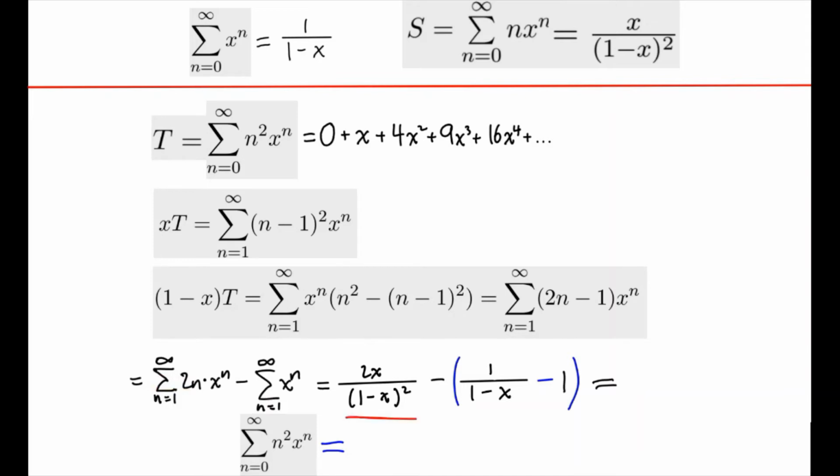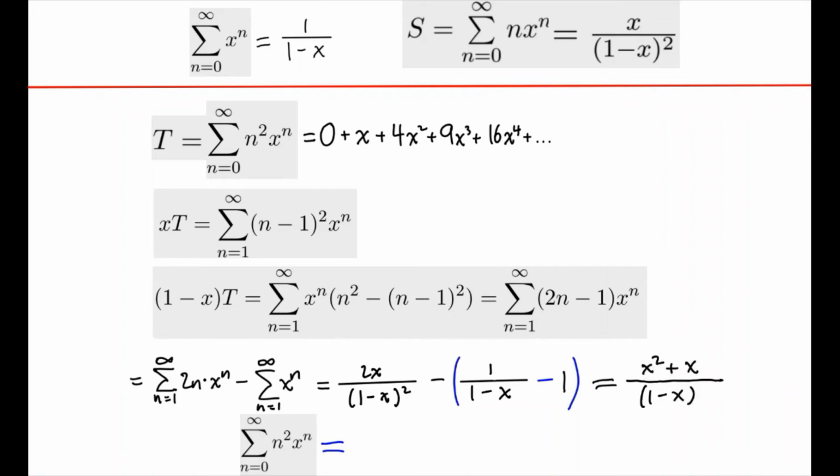So the difference is just going to be equal to, give me a second, minus x, and the numerator is x squared plus x.